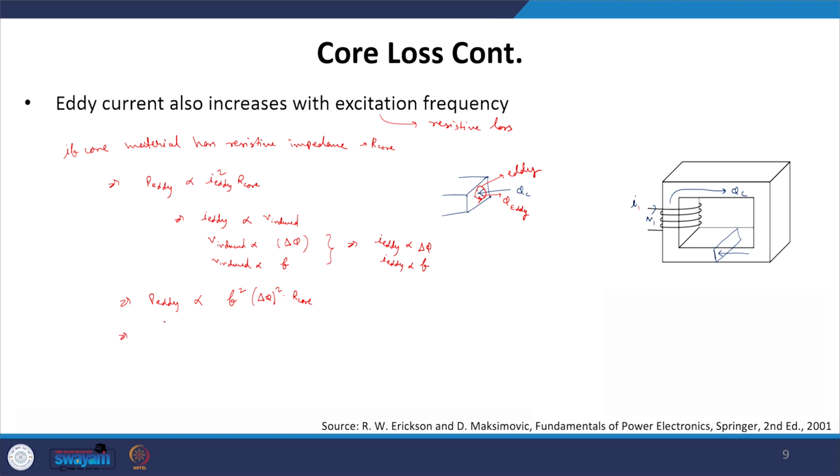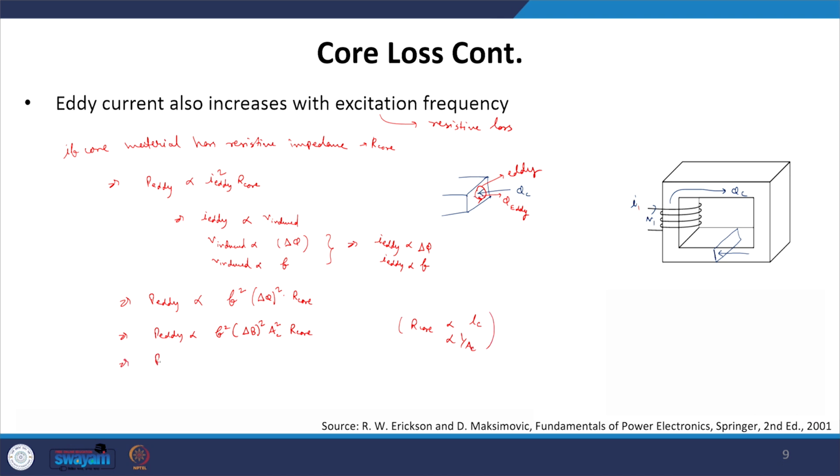So then we can write down that this PL, if we put this value in terms of AC flux density value, is nothing but delta V square, A square AC square comes out, and this is R core. Now this R core we know is proportional to the length of the core, or you can say the magnetic length in the core, and also inversely proportional to the area of cross section of the core.